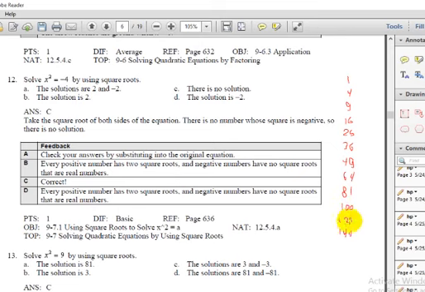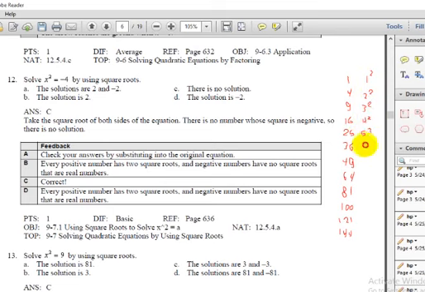These are the perfect square numbers, which equal what? 1 power 2, 2 power 2, 3 power 2, 4 power 2, 5 power 2.